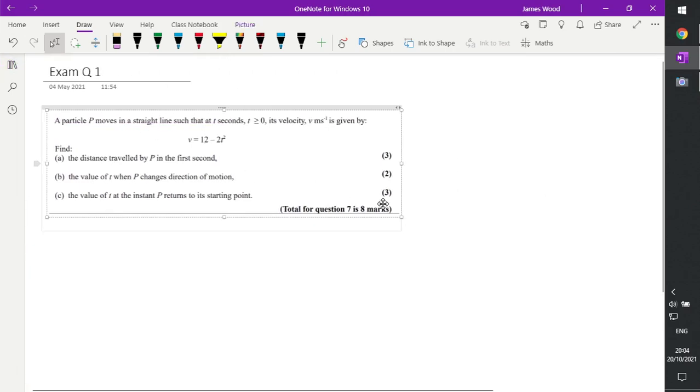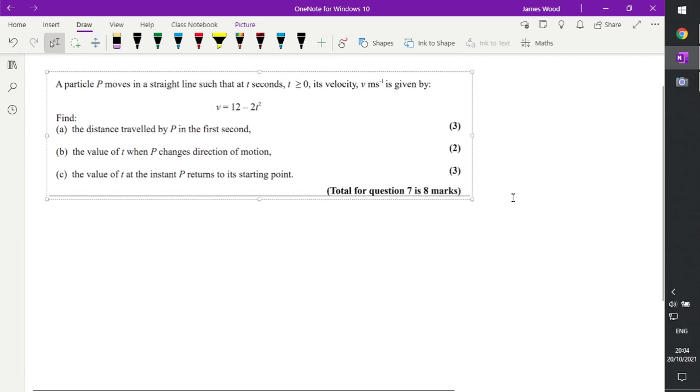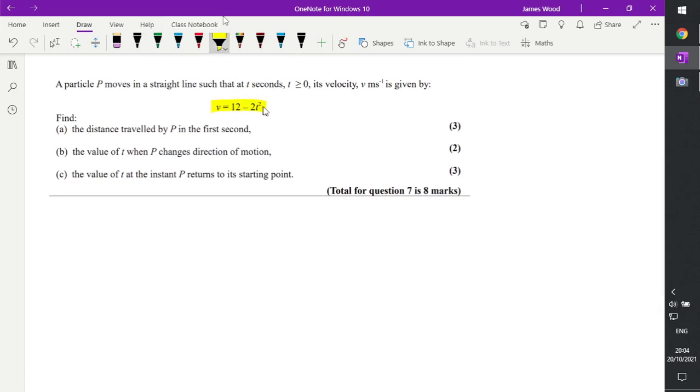Okay, here's another exam question. So a particle moves with a velocity given by 12 minus 2t squared. This is velocity. Find the distance travelled in the first second. So again, I think I'm going to draw just a quick graph of what this looks like. So 12 minus 2t squared equals 0.